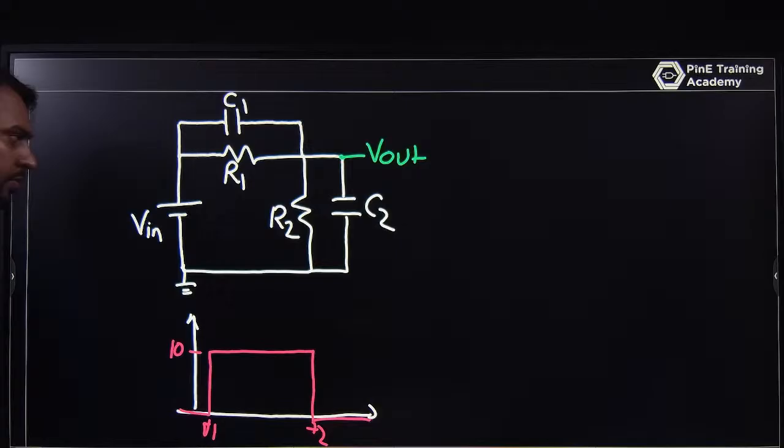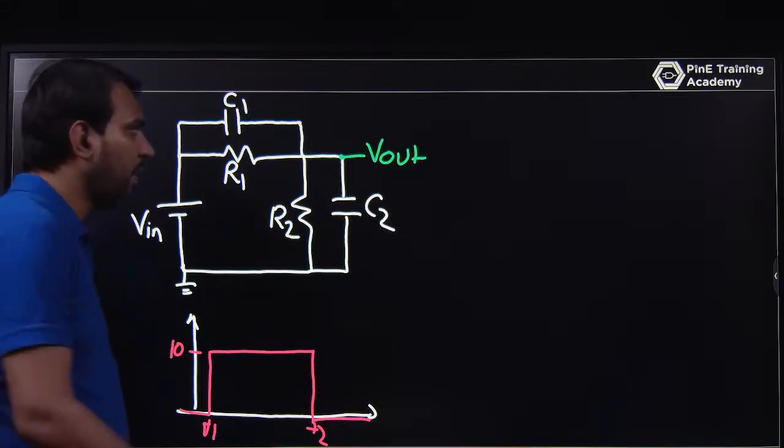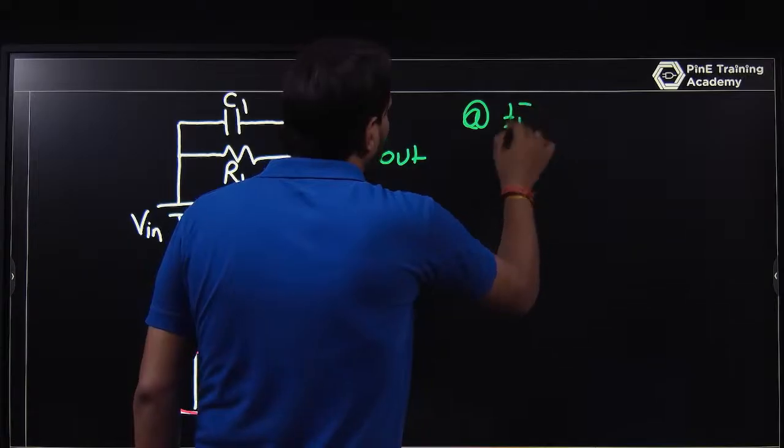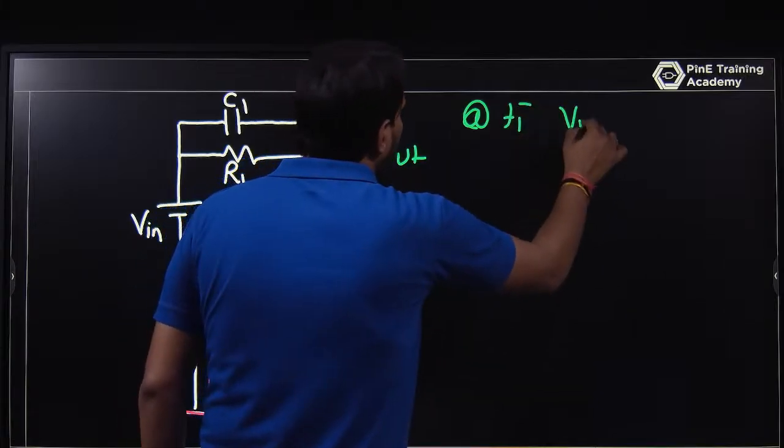Okay. So let's figure out what will happen here. Before T1, the initial voltage of C1 and C2 is 0. If it is not given, I always assume that capacitor voltage C1 and C2 is 0 before T1. So at T1 minus, the input voltage is 0.